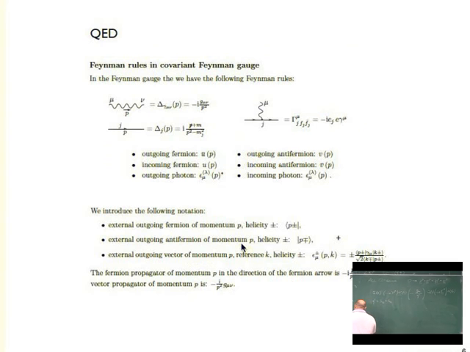The generic helicity amplitude for this process can be written as M of 4 particles, particle 1 at helicity 1, 2 at helicity 2, 3 at helicity 3, 4 at helicity 4.